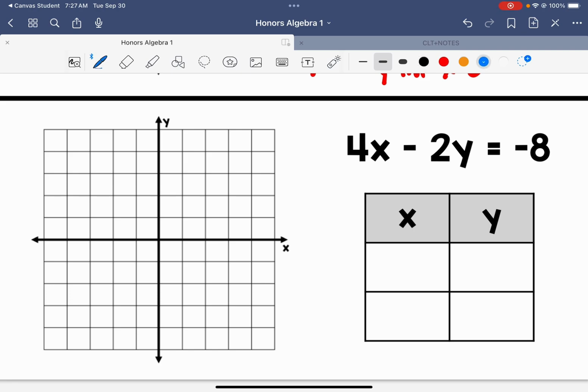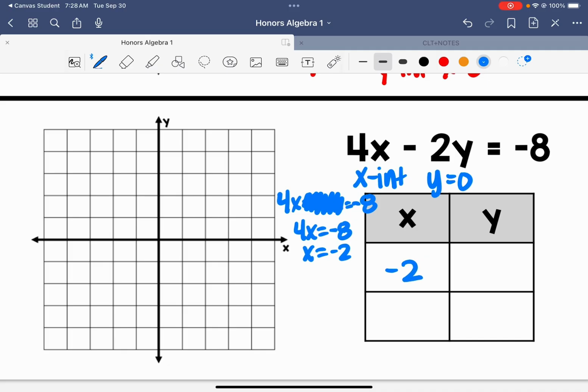All right, let's see how you did. So if I want the x-intercept, y has to equal 0. So I'm going to get 4x minus 2 times 0 equals negative 8. The 0 term cancels out, so I get 4x equals negative 8. So x has to be negative 2. All right.